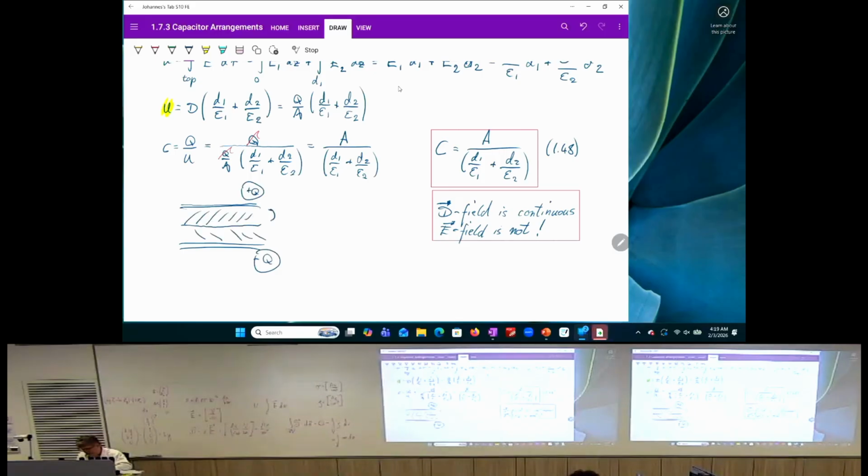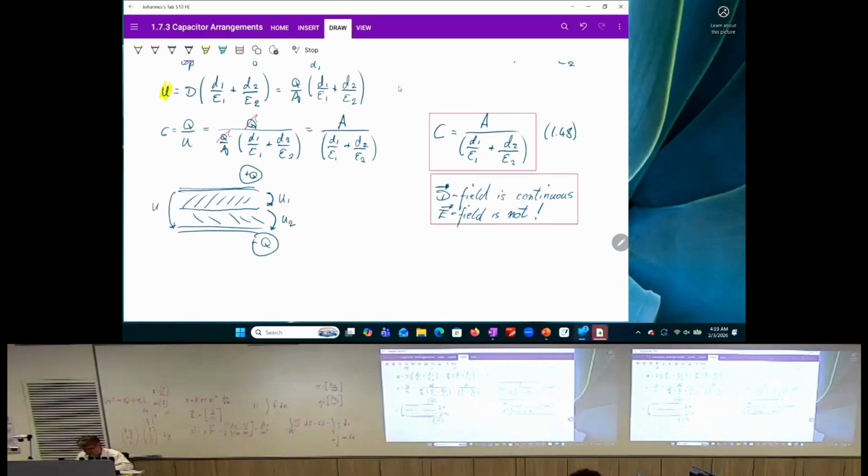You have a voltage that accumulates from U1, from the starting position to d1, and then from d1 to d2, you have a second voltage. You have the overall voltage, U. You have a top surface charge and you have a bottom surface charge.